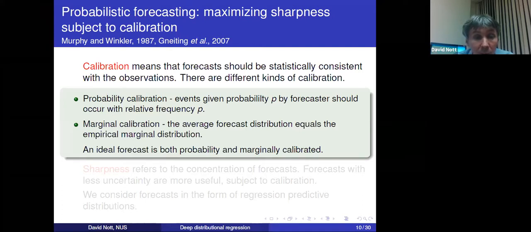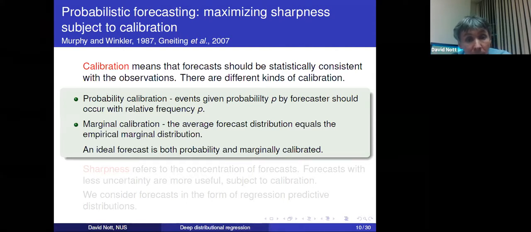In a regression context, say you have a set of responses. For each response, you have a predictive distribution function. You can transform the response by the predictive distribution function, and look at the empirical distribution of those so-called probability integral transform values, and that should be close to uniform in order to have the property of probability calibration.